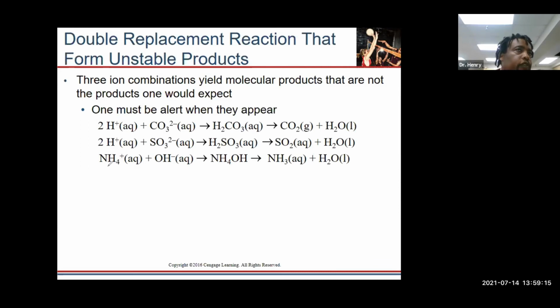And the same thing happens with ammonium hydroxide. As soon as we get ammonium hydroxide together, it forms an unstable version and breaks down to ammonia and water. So it stinks. That's the reason why we have to put it in the hood, because of that smell.